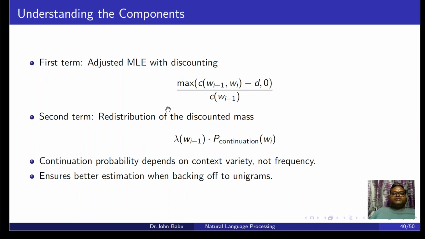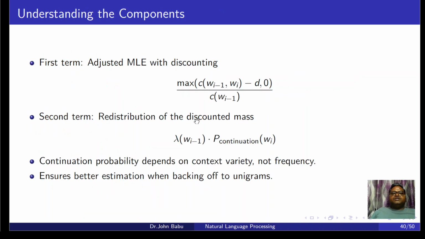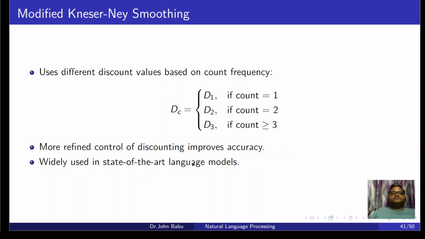Then the second term, lambda of Wi minus 1 times P continuation, is the discounted mass. So we are calculating the probability not only on the frequency, but also on the context variety: how many different contexts it occurs in.